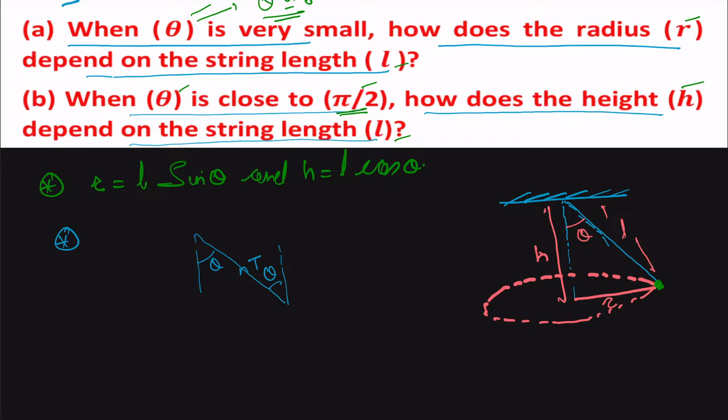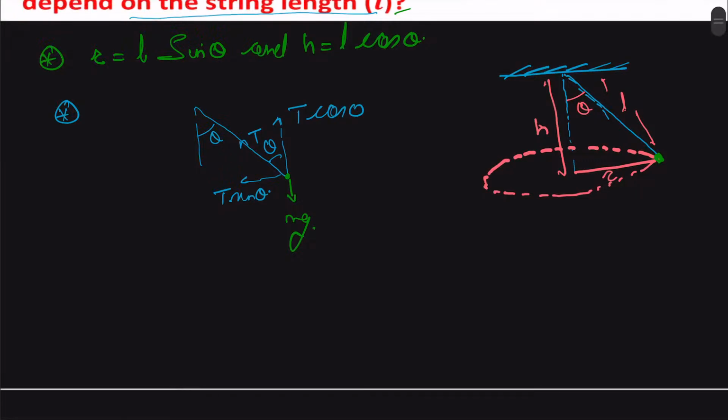We can divide this T into two components: T cos of theta, and the second component will be T sine of theta. And we have our mg acting in the downward direction. Therefore, we can write that T cos of theta is equal to mg, that is a vertical component balance.